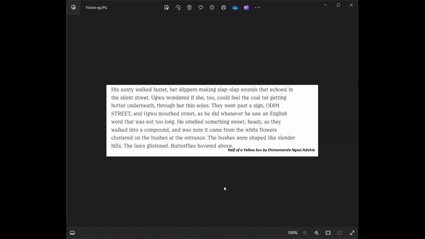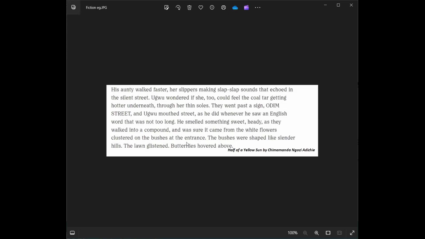So descriptive language. Well done. The lawn glistened. Butterflies hovered. The bushes shaped like slender hills. So we've got that. Some people might call it flowery language. I would say it's descriptive language. So that's descriptive, poetic even type language. There's another example there.